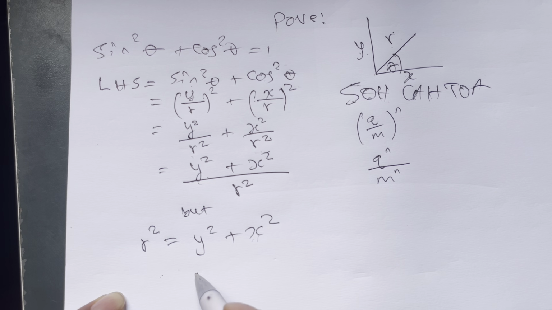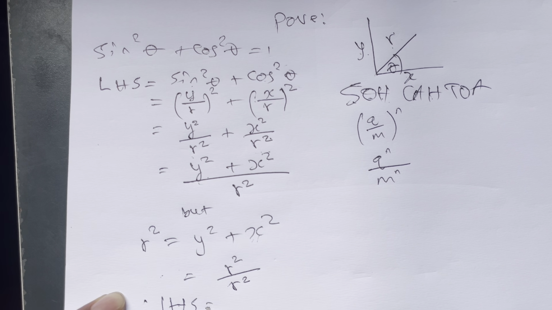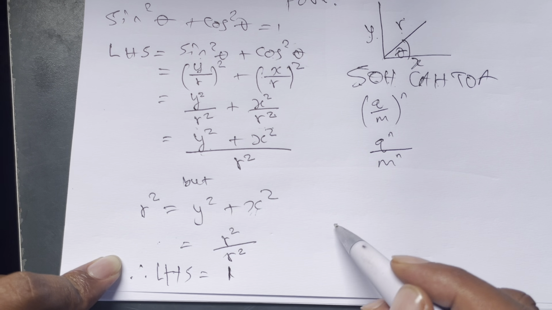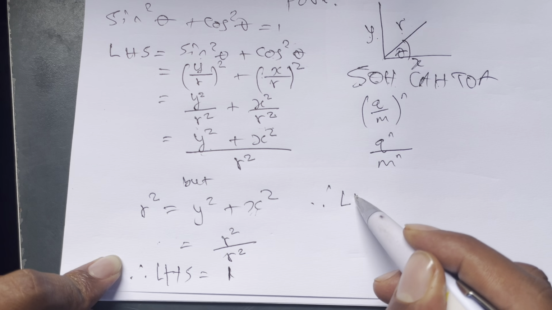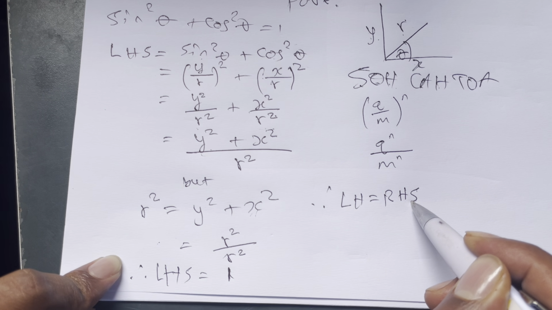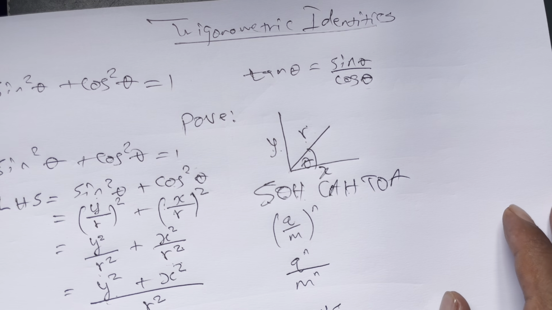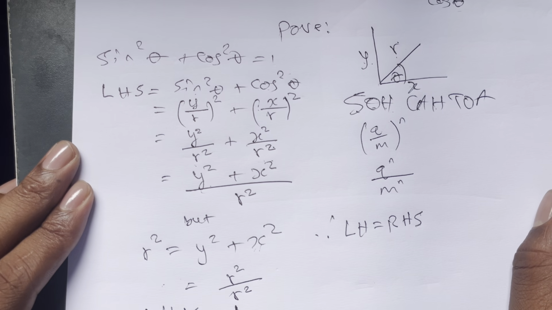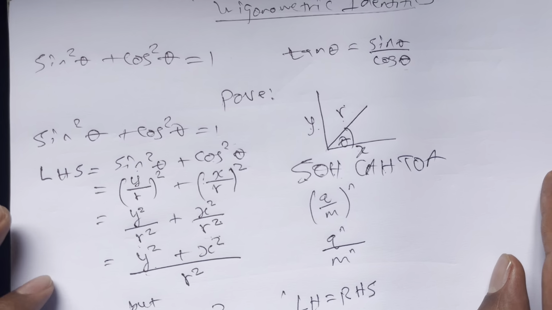Then you say, therefore, r squared over r squared. Therefore, left-hand side equals 1, leaving you with the left-hand side being equal to the right-hand side. This is it. You can pause, rewind the video, make it go faster or slower.